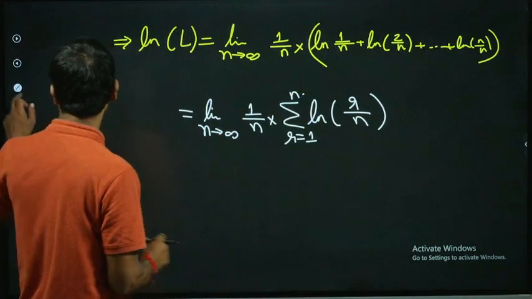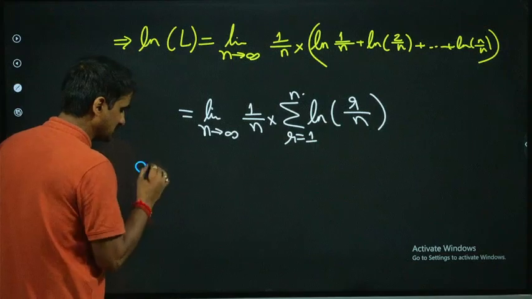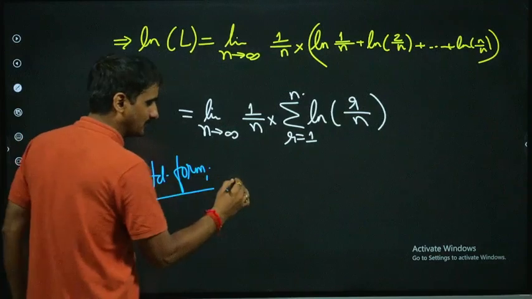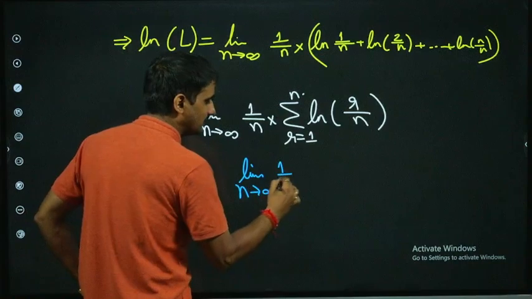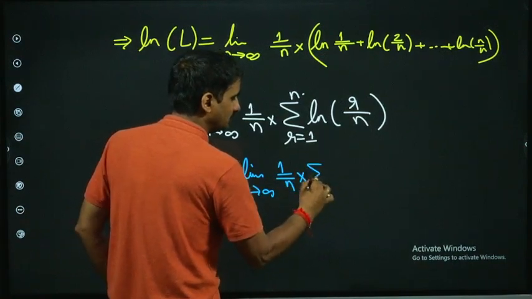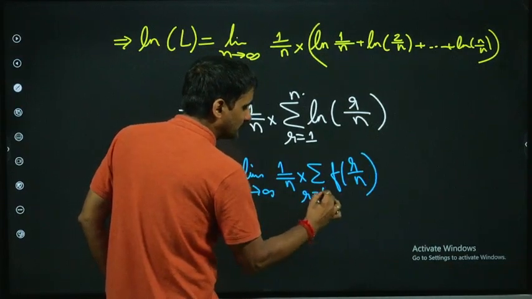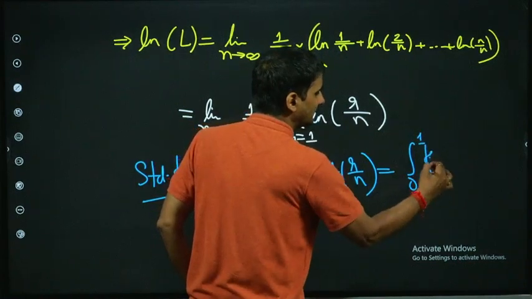Now I will be comparing it with the definite integral form. The standard form for the limit as n approaches infinity of 1 by n into summation of f of r by n as r goes from 1 to n is nothing but the integral from 0 to 1 of f of x dx.